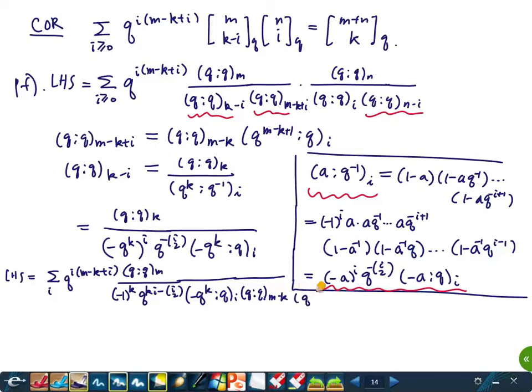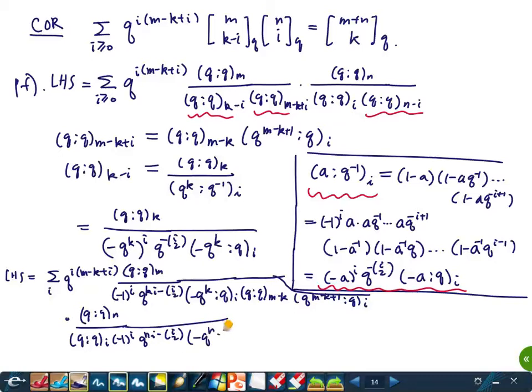Let's do this. I, this, like that, times this. Q, Q, I. And this part is the same as this, only we have, oh, yeah, I made a mistake. This is I, minus 1 to I. Everything here the same, except we have N instead of K. I choose 2, N, Q, I. That's it, right?